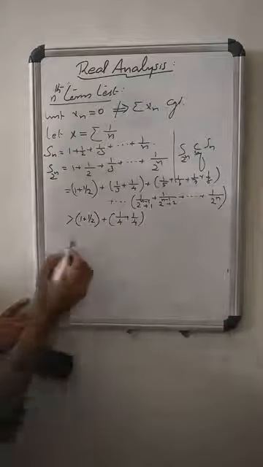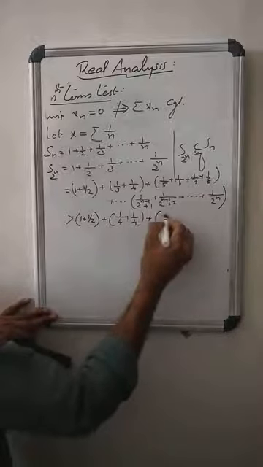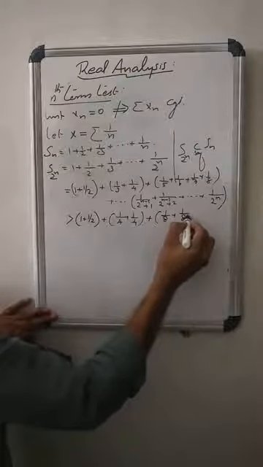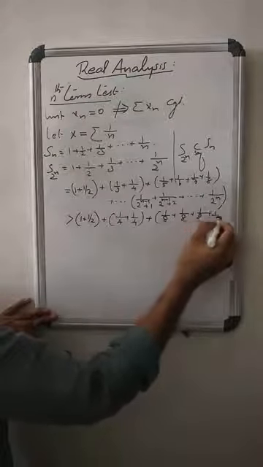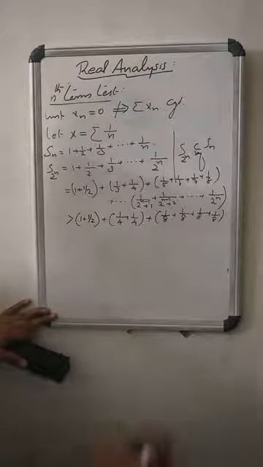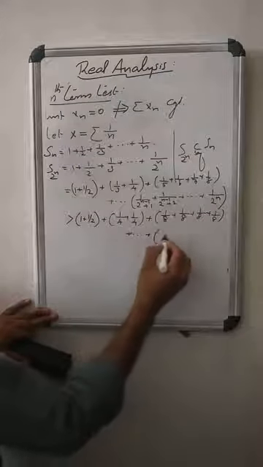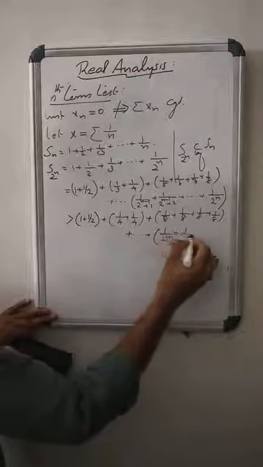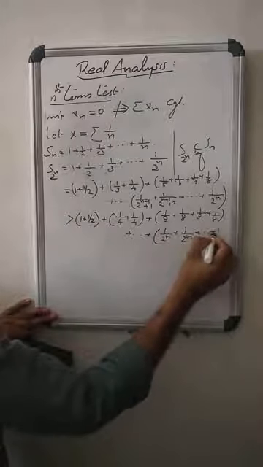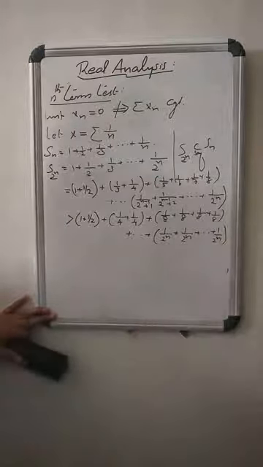Okay? Strict inequality. Plus 1 by 8 plus 1 by 8 plus 1 by 8 plus 1 by 8, plus etc. plus 1 by 2 power n plus 1 by 2 power n plus etc. plus 1 by 2 power n.